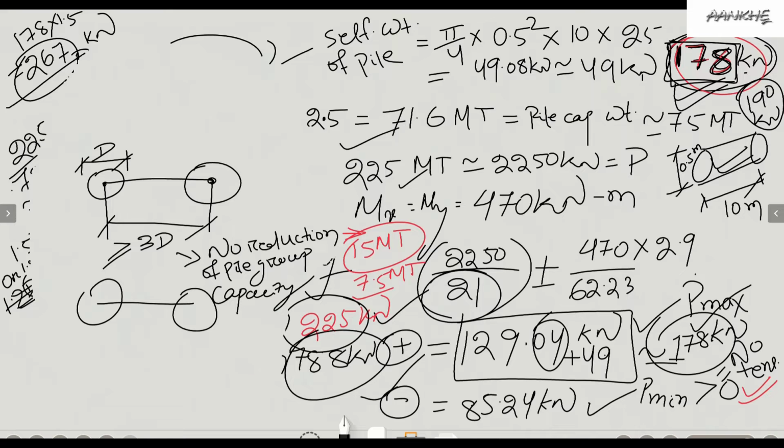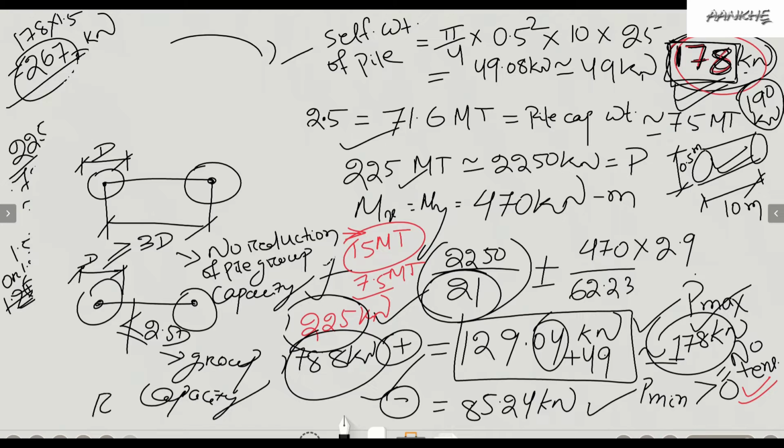But if we take pile to pile as 2.5d, because less than 2.5d is not allowed at all, where this one is our d, then the group capacity reduces by 10%.